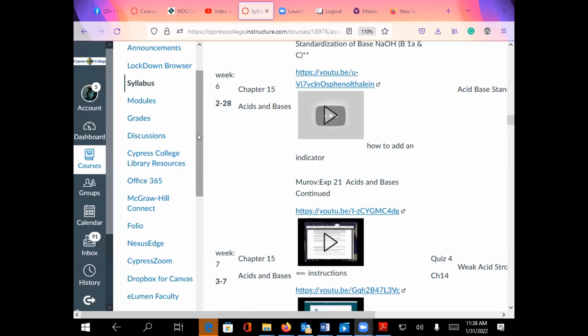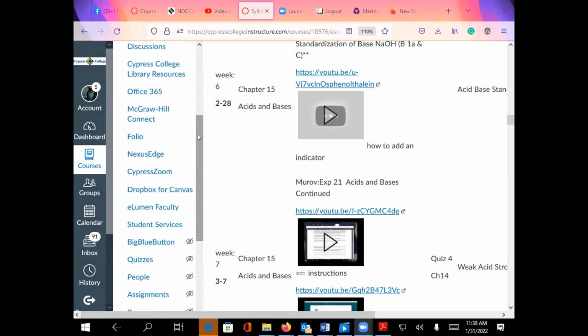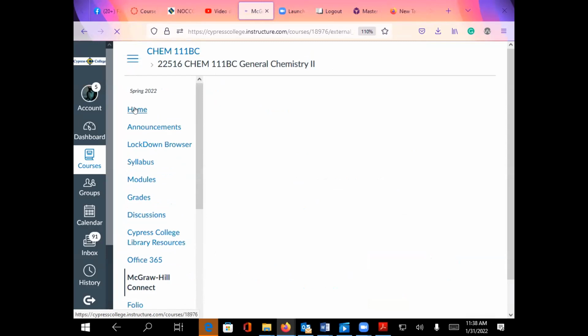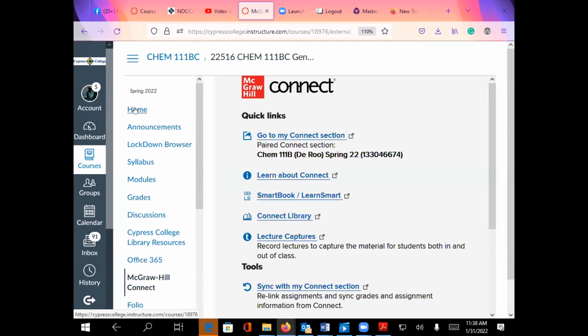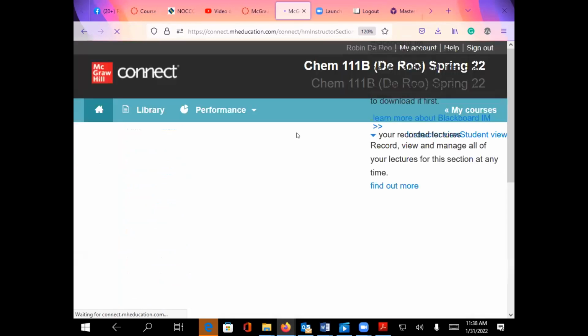So yeah, you have to have an access code. The access code should come if you bought the book through the bookstore; it comes with an access code. We asked them to. Let's see if it will work this way for me.